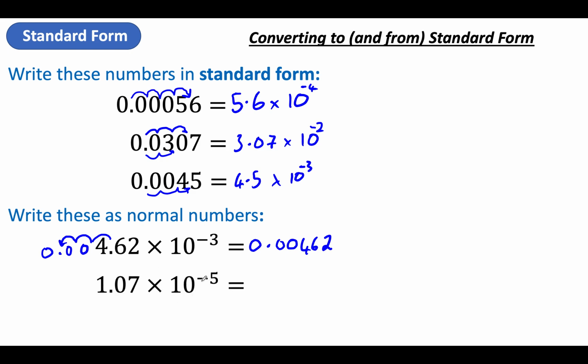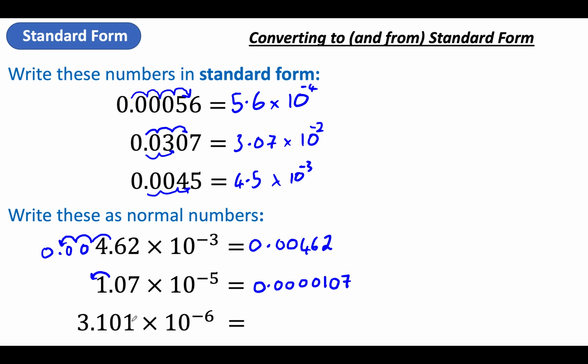This one we've got to go 5 places smaller. Well, it's going to take 1 jump to go over the 1. So if I had 0.107, it would have gone 1 place, but I need 4 more places. 1, 2, 3, 4 with the decimal point there. So it's gone 5 places smaller in all. Yeah. What about this one?